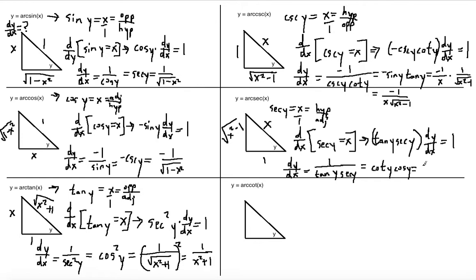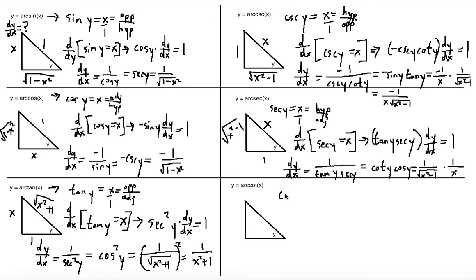which gives us, let's see, adjacent over the opposite times adjacent over hypotenuse, and that will give you the same thing as our arc cosecant derivative, except with the positive.